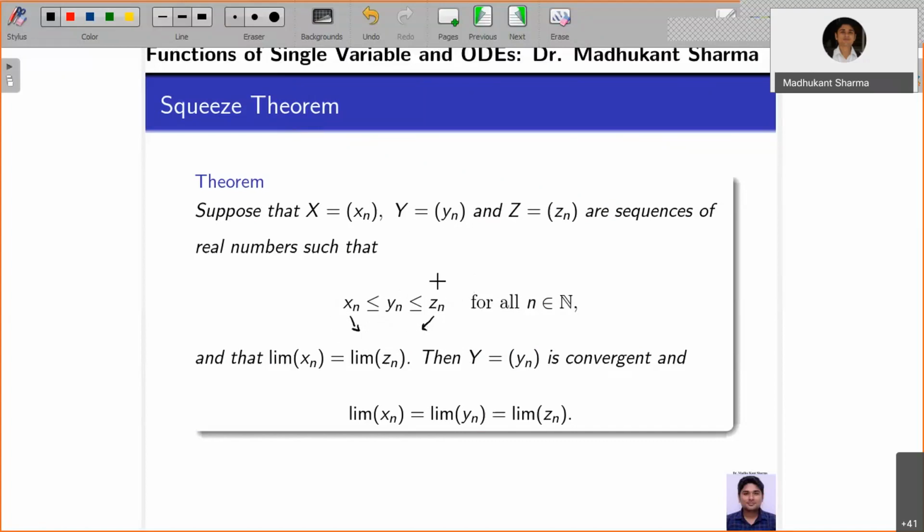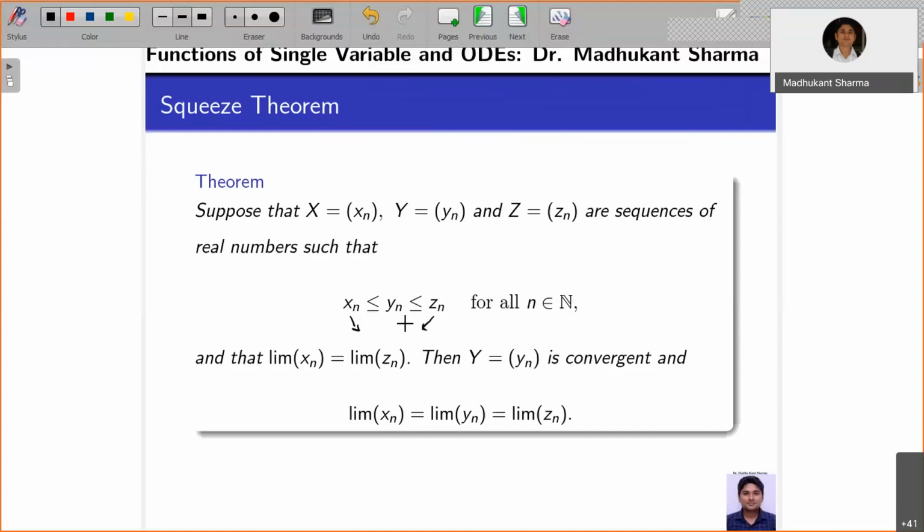So it will help you to establish results which cannot be proved immediately. So that we are going to look at. Let's say x, y, and z are sequences such that xn is less than or equal to yn, less than or equal to zn for every n in N. And suppose xn and zn are convergent sequences, and both converge to the same limit.